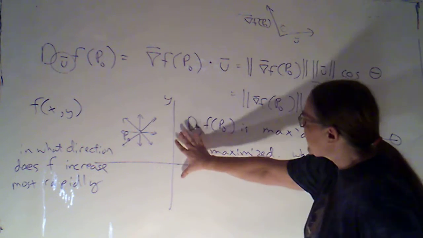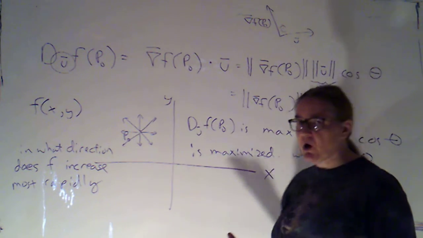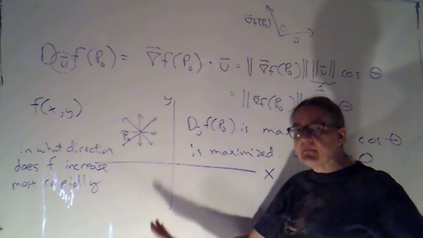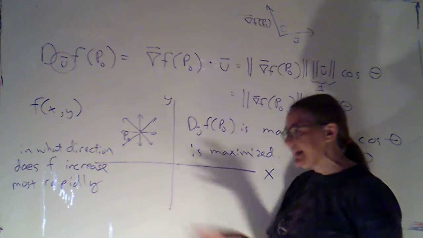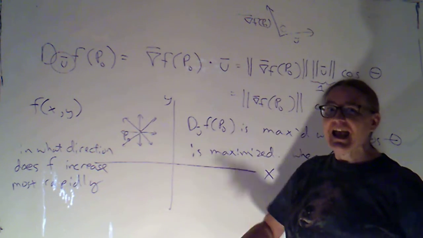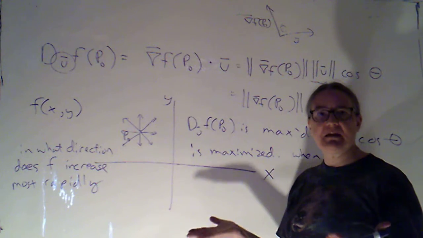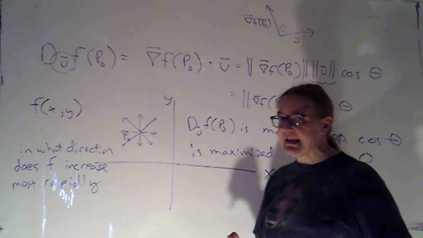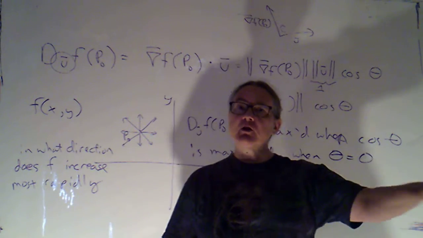Now, I like using a heat-seeking particle when I'm thinking about that, because that way I really am just thinking spatially in 2 space. I could certainly be standing on a mountainside and think of my function as giving me the elevation, but I want to remember that the gradient would simply be a vector in 2 space.